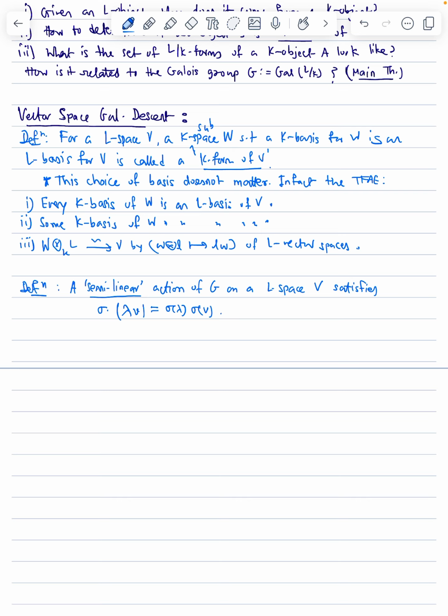So when lambda becomes an element of the base field K, it behaves as usual as linear, because sigma fixes the elements of K, because sigma is an element of the Galois group.